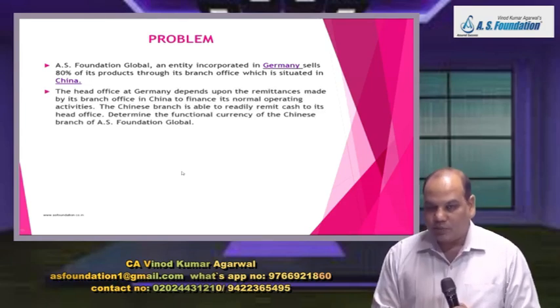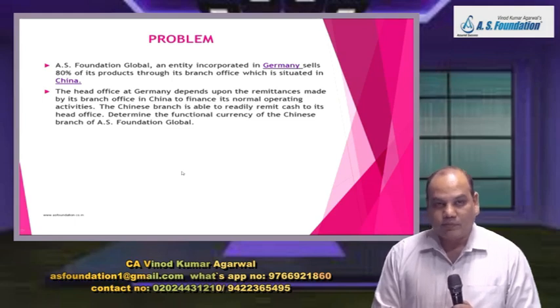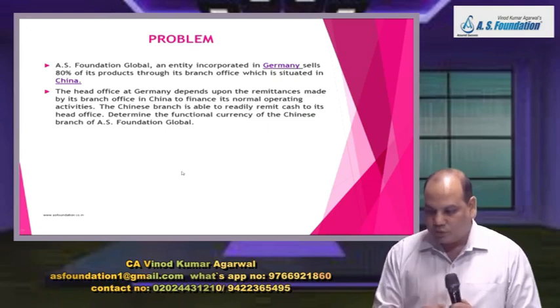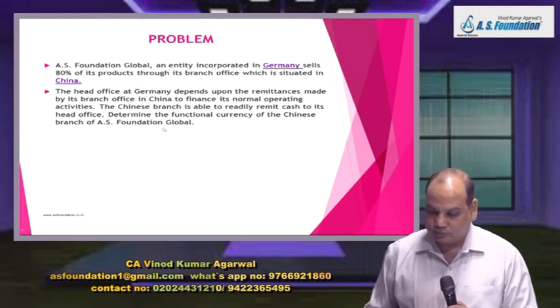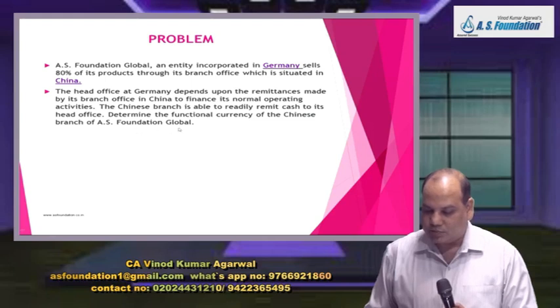The head office in Germany depends upon the remittances made by its branch office in China to finance its normal operating activities. The Chinese branch is able to readily remit cash to its head office. Determine the functional currency of the Chinese branch of AS Foundation Global.